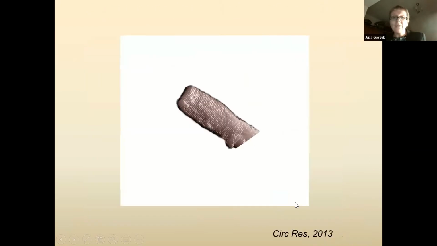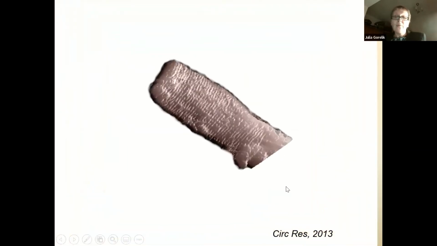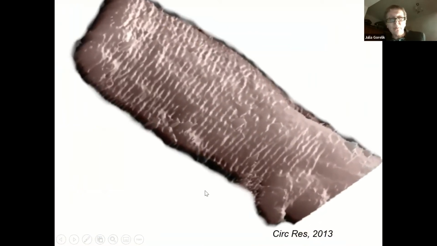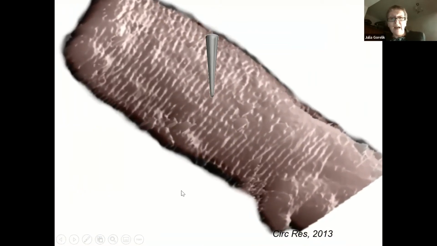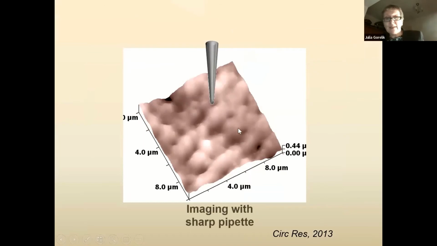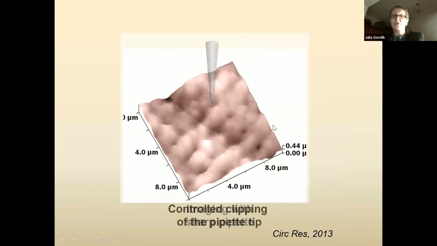But recently we developed this system, where we first use a sharp pipette. We do the topographical image with the sharp pipette.